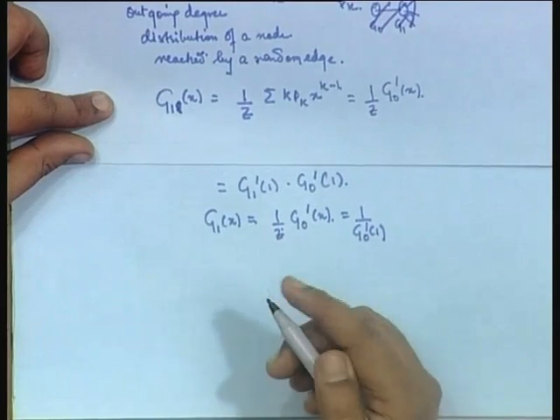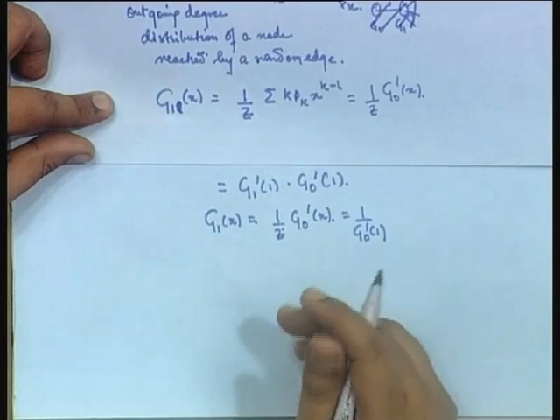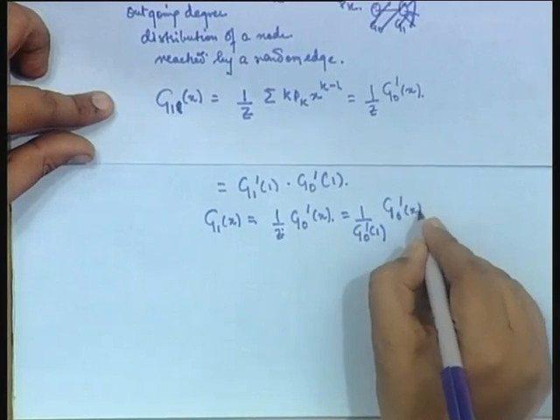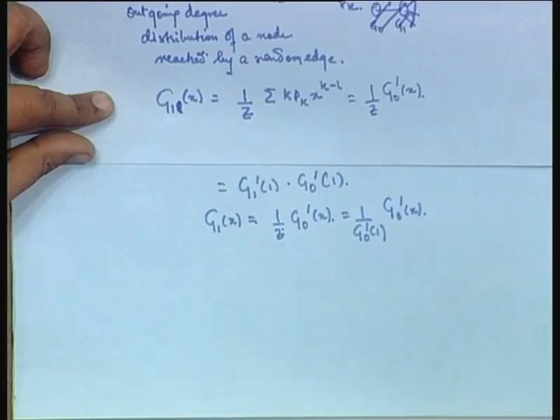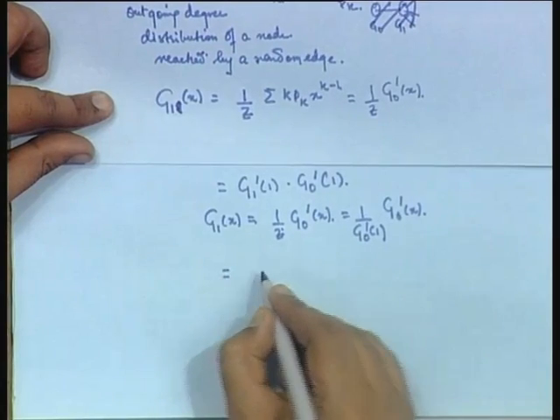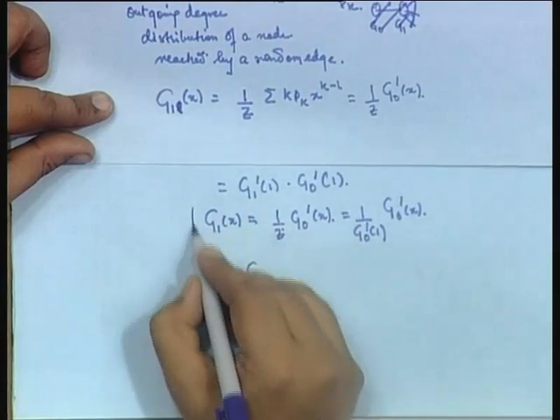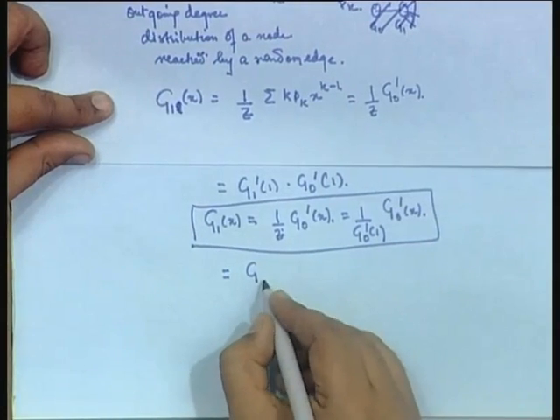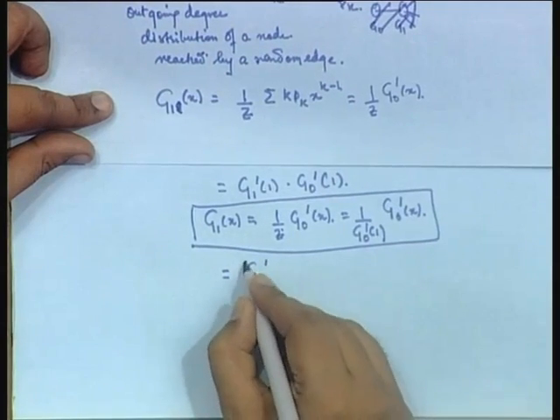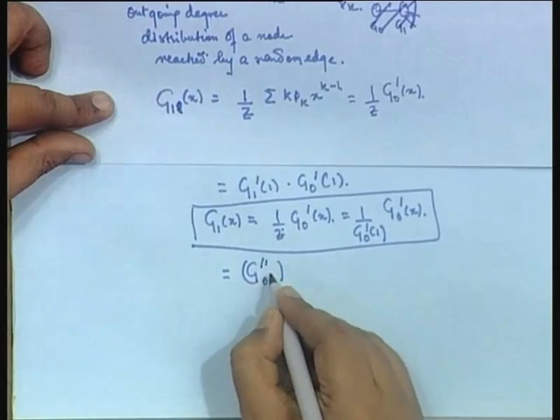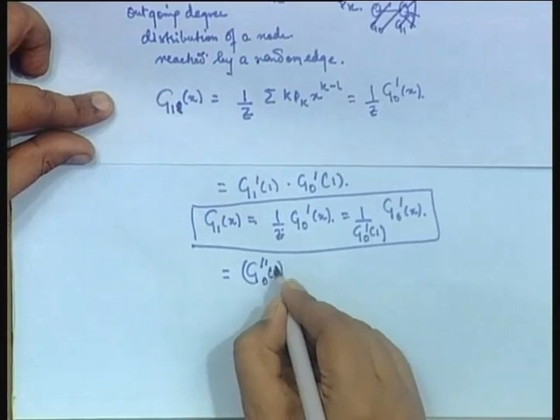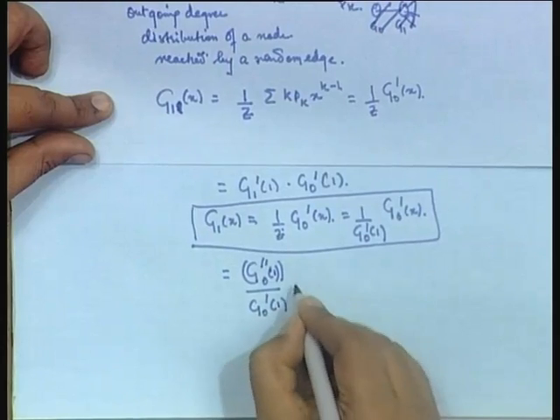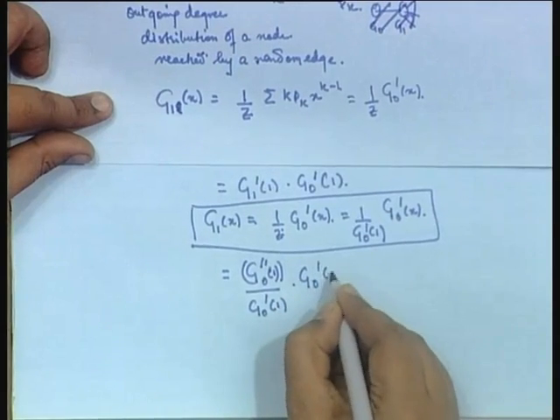Z is G0 dash 1, if you remember. So then let us write this. Back, it is G0 double dash x, double dash 1 into G0 dash 1 into G0 dash 1.